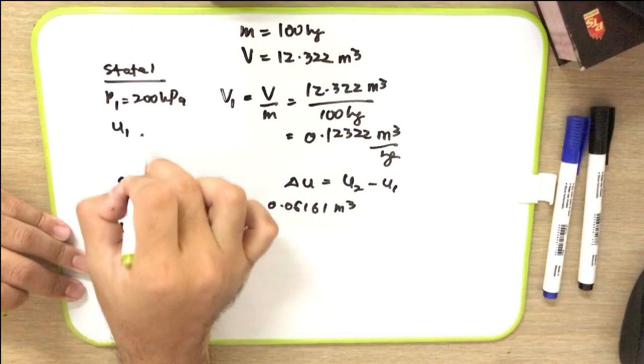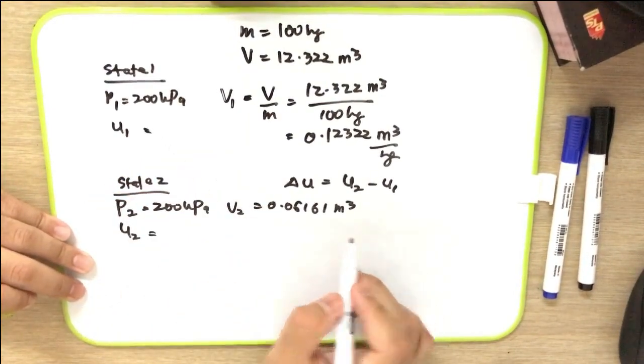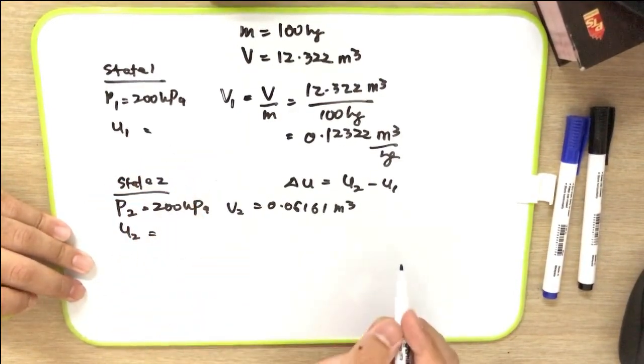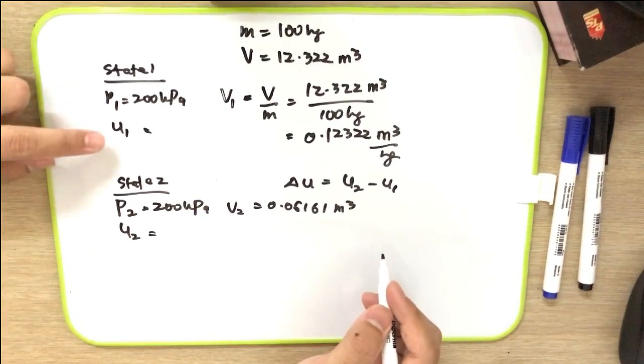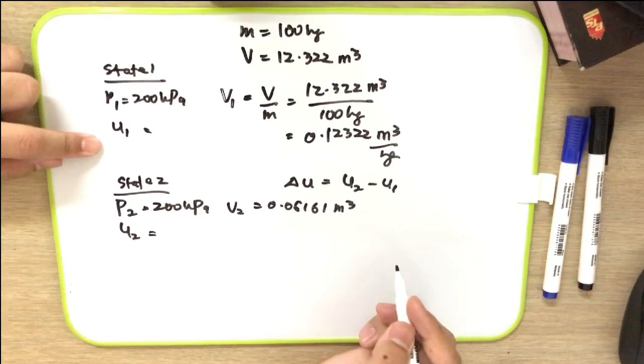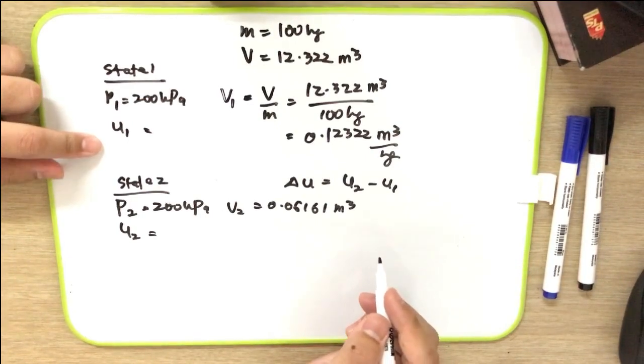First, we look at state 1 to find U1. We have to determine the phase first. So what is the phase?